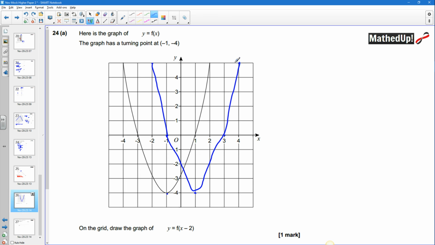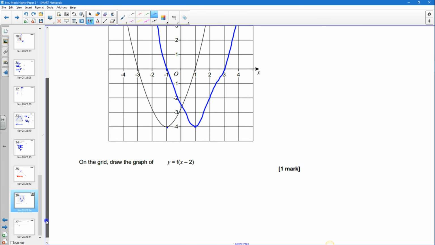And there's a god-awful parabola. Let's try that again. Okay, and I think that's the best I'm going to do. So this is translated 2 to the right for that function there.